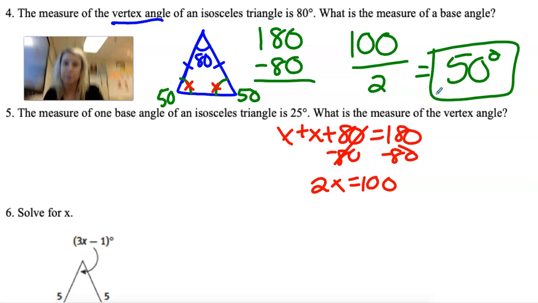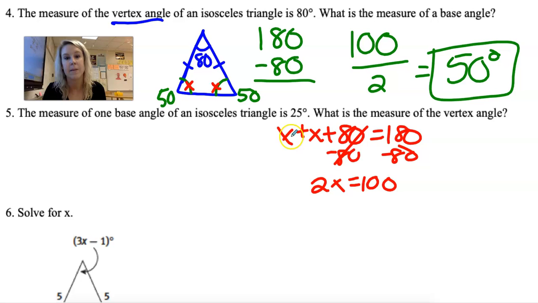So you can pick: you can do it the algebraic way, or you can use some problem solving skills. If I know the top angle is 80, I subtract it to see what's remaining, and then I know these have to be the same, so divide by 2. If you know the vertex angle and you're finding the base angles, you're always going to divide by 2.